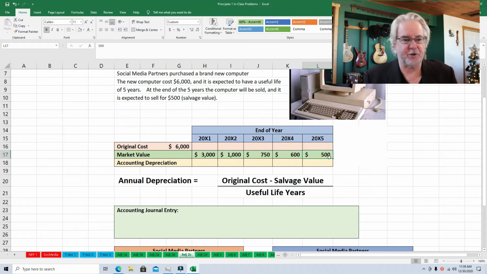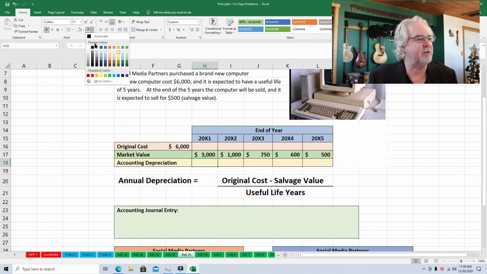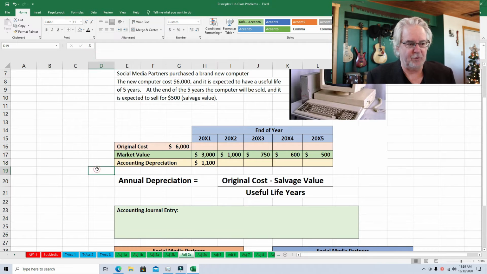They think it'll be worth about $500, and then divide it by 5 years. I already did the math. If you do the math, you get $1,100, and you can check that out for yourself too. Just 6,000 minus 500 divided by 5 years.